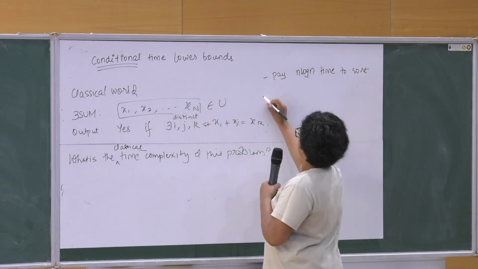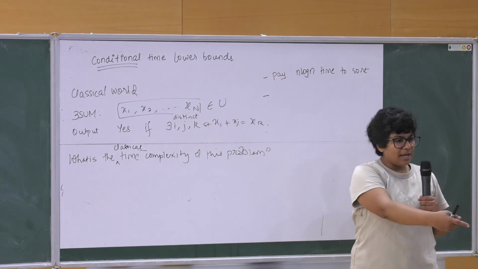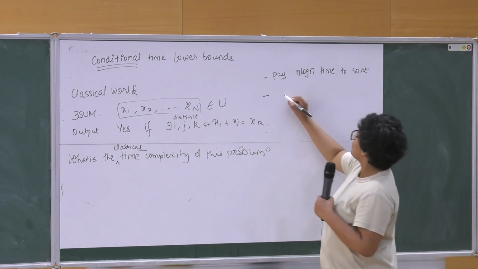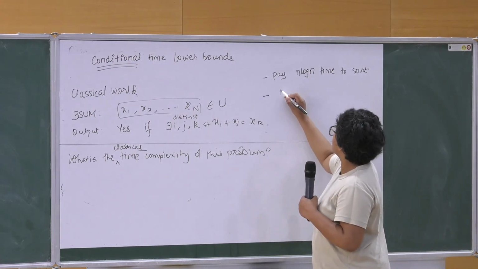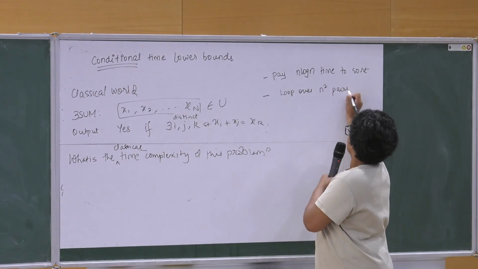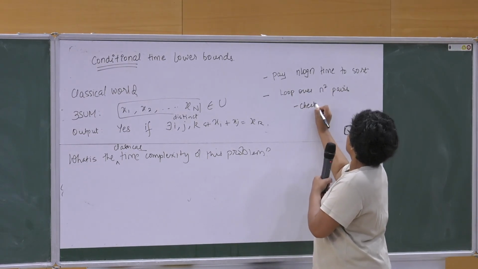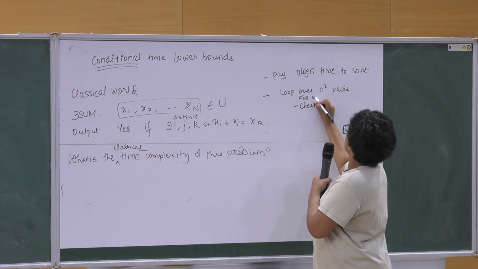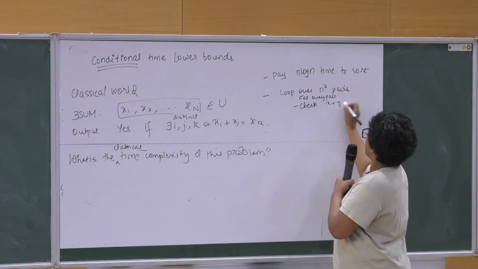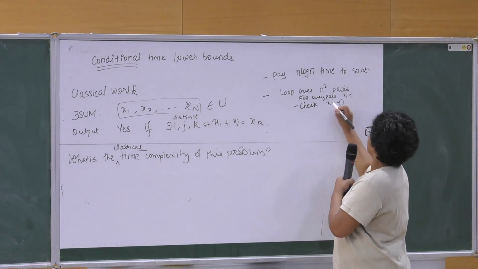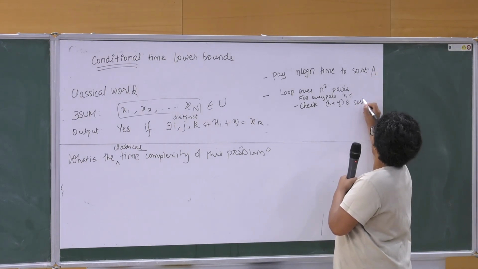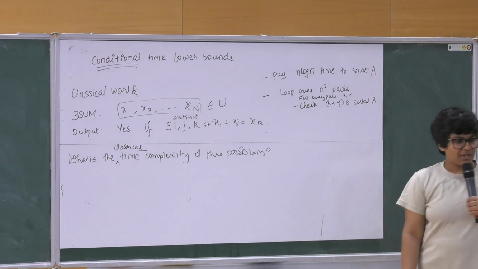Now, do the same algorithm that she suggested: I will loop over all n square pairs, and for every pair x, y, check if x plus y is in this sorted list A. Can we do that?